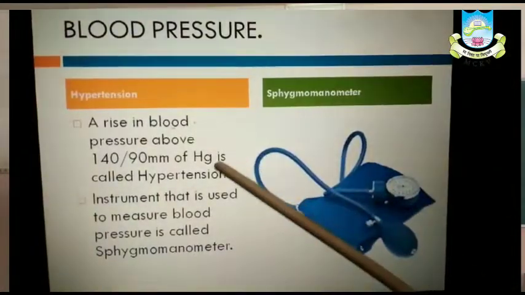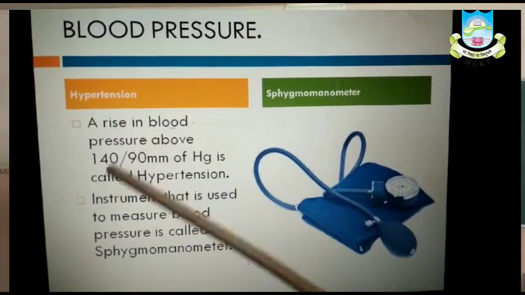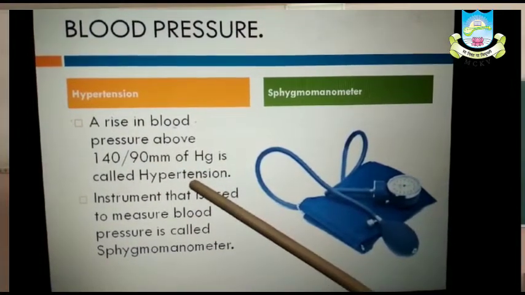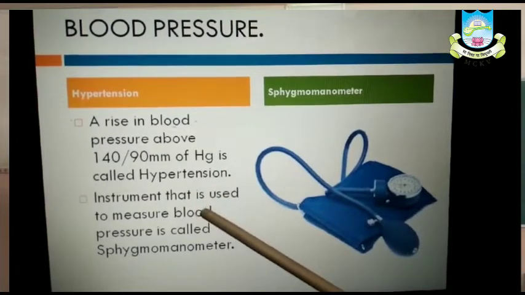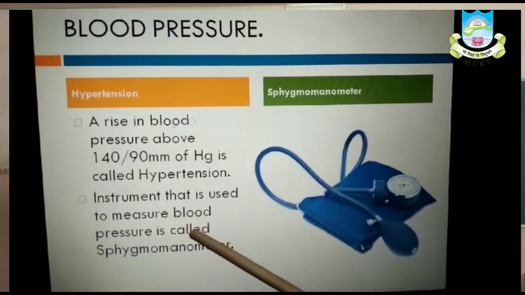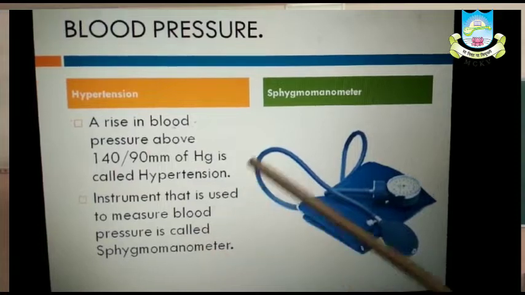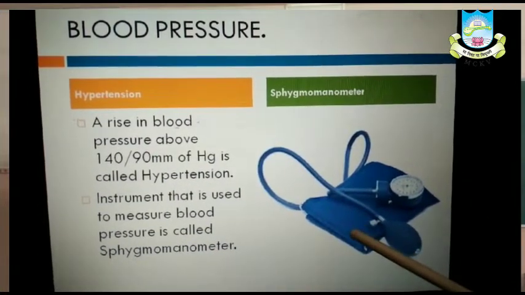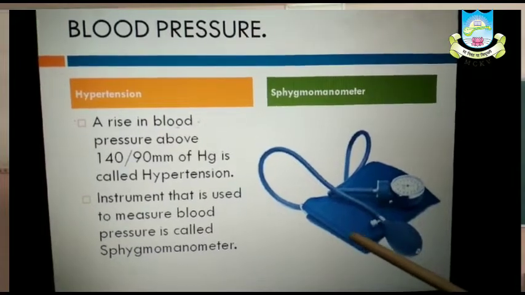And if this blood pressure exceeds 140 by 90 mmHg, that condition is called hypertension. The instrument that is used to measure blood pressure is the sphygmomanometer.